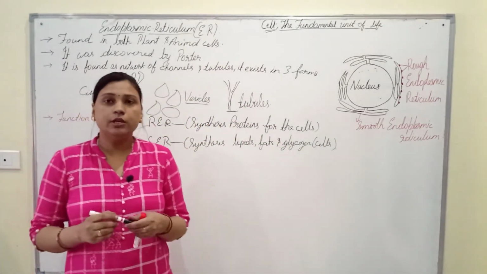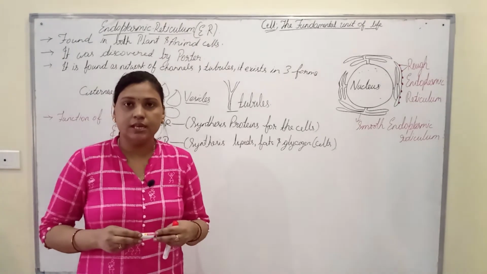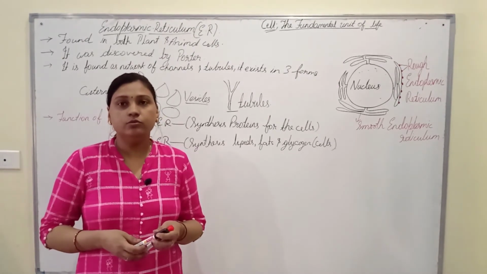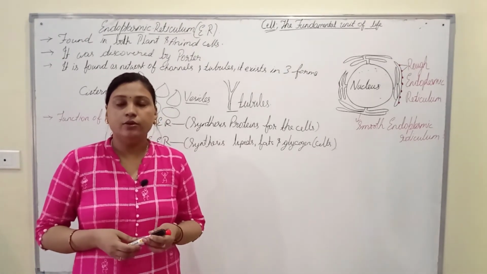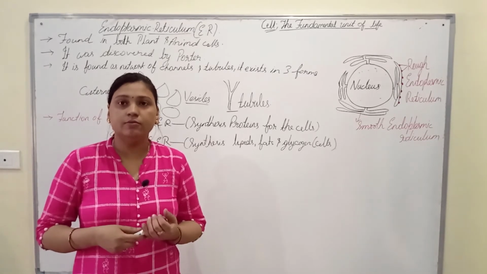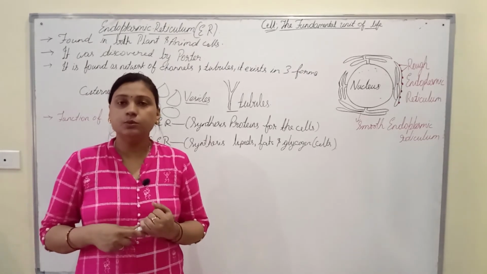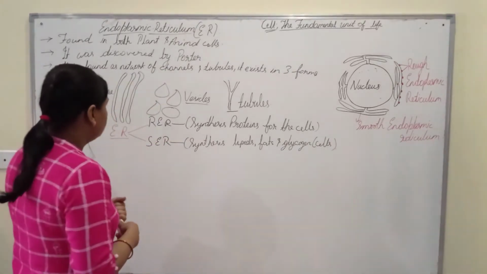So, smooth endoplasmic reticulum synthesizes lipid, glycogen and fat, while rough endoplasmic reticulum, which has ribosomes, synthesizes proteins for the cells.